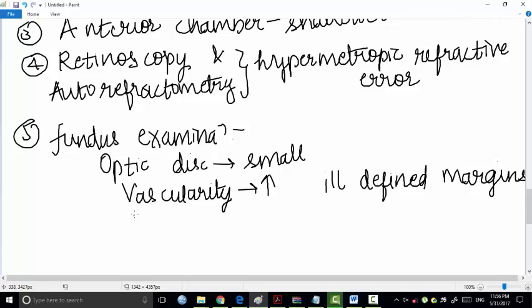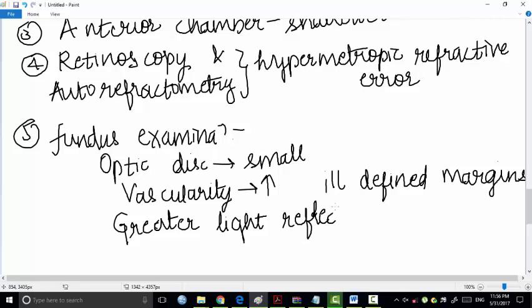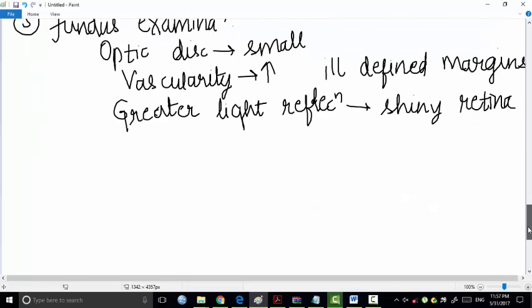Right. And there may be greater light reflections, leading to shiny retina. Because of greater light reflection, there may be shiny retina seen.